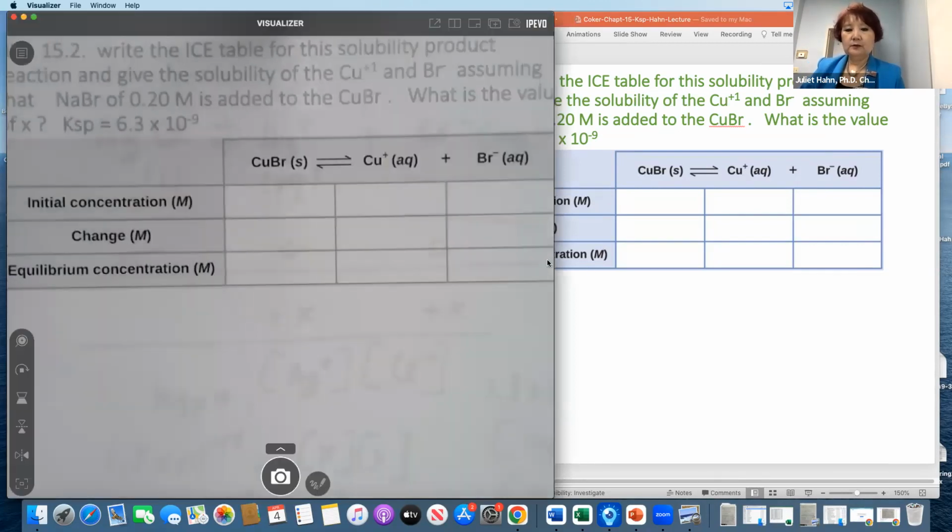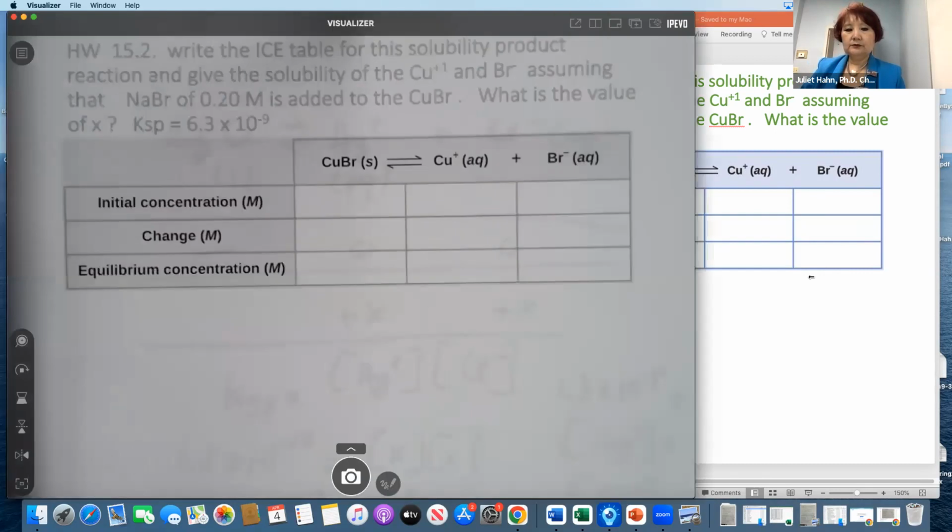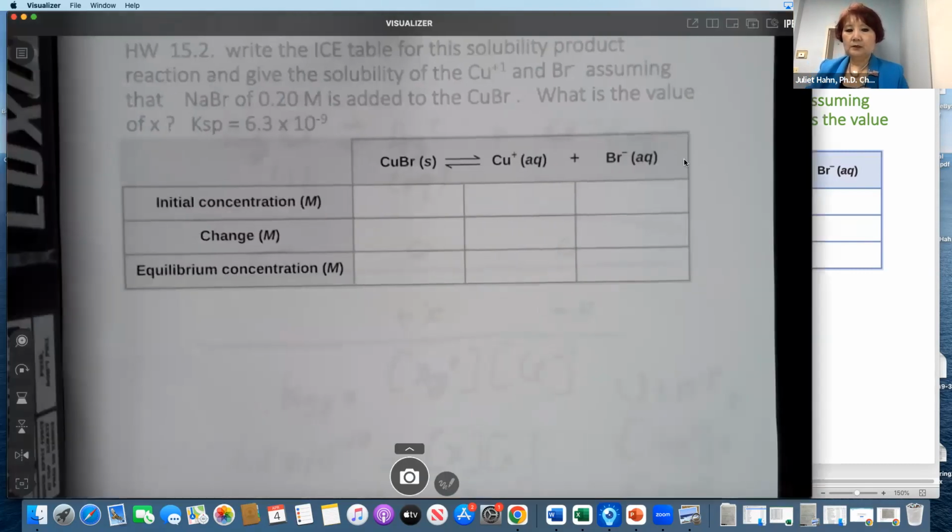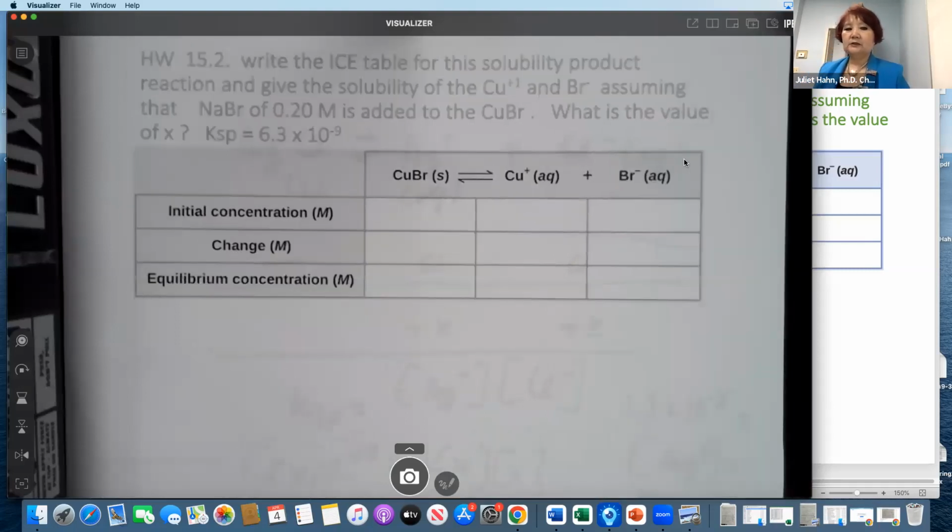Okay, so let's look at this problem and see if you can navigate what to do with it. First we want to read the question. It says, write the ice table for this solubility product reaction and give the solubility of copper ions and bromide ions. And this is copper +1.